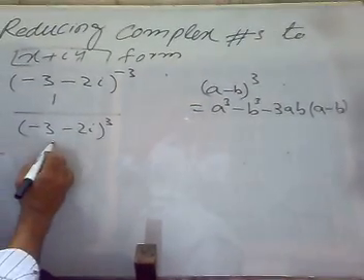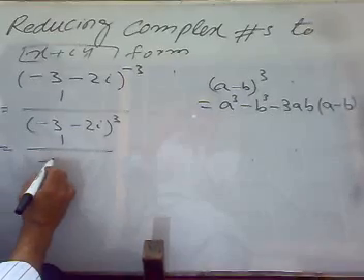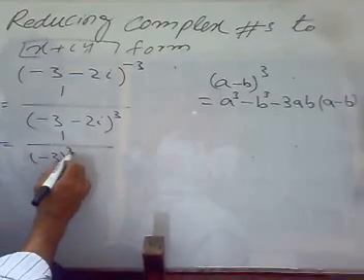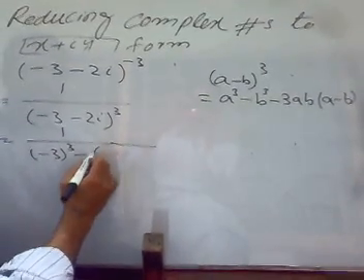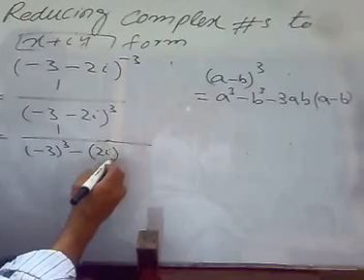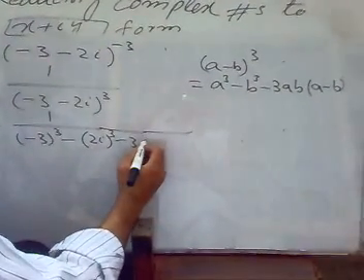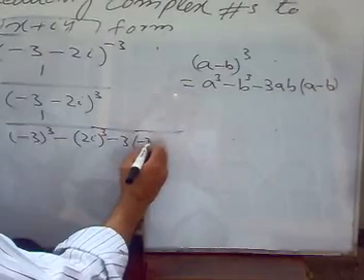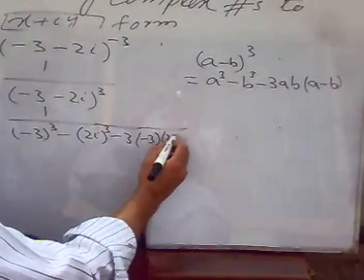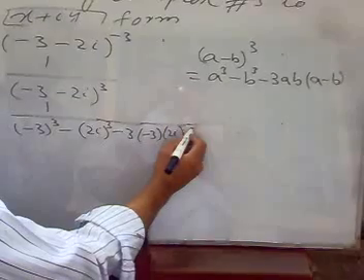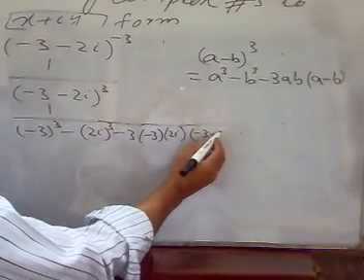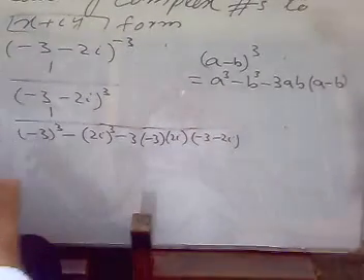Using that formula over here, we will get (minus 3) cube minus (2 iota) cube minus 3 into minus 3 into 2 iota into (minus 3 minus 2 iota).